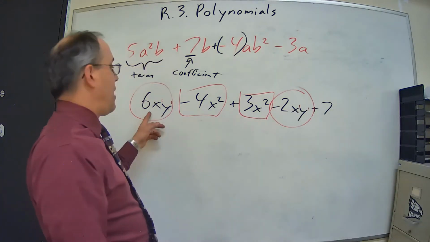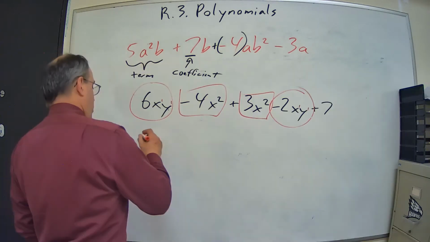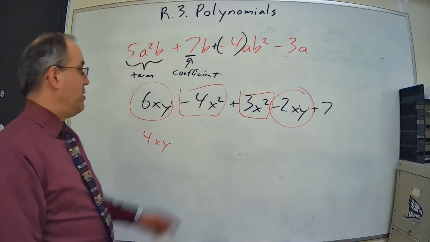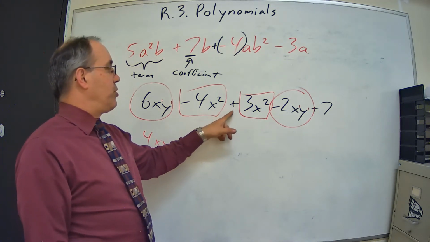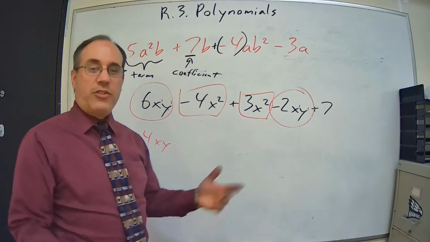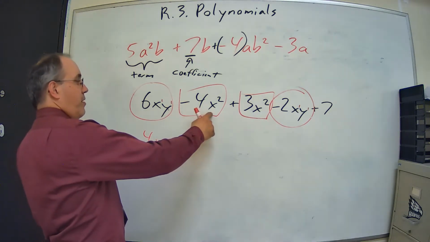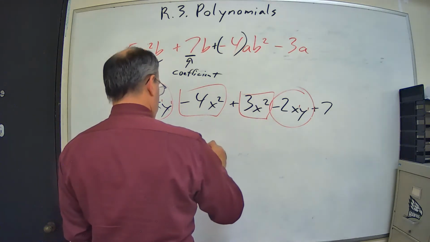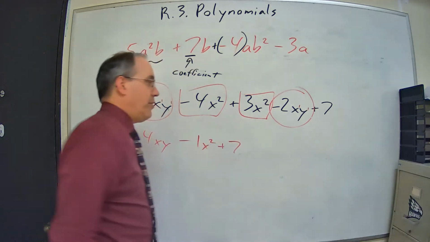Well, if I have 6 apples and I take away 2 apples, then I end up with 4 apples, or 4xy. If I have minus 4 pears plus 3 pears, x squared standing for pears, then I have minus 4 pears plus 3 pears gives me minus 1 pear, x². And then I've got that plus 7 on the end.